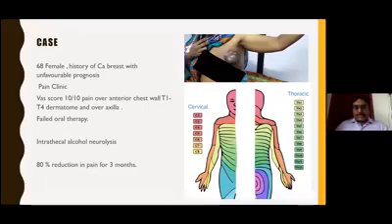Since her prognosis was unfavorable with a short life expectancy, she was given the option of intrathecal alcohol neurolysis. It was done at the T2, T3 level, and 0.6 ml of 100% alcohol was injected. With this, she got very good pain relief till she died.